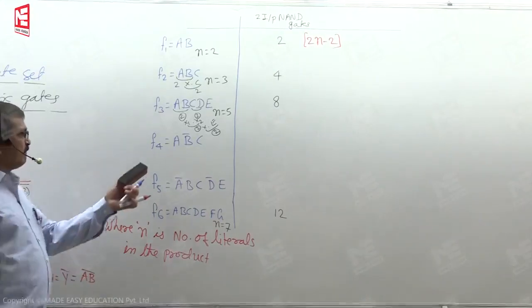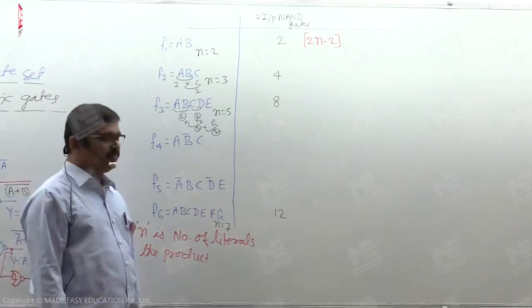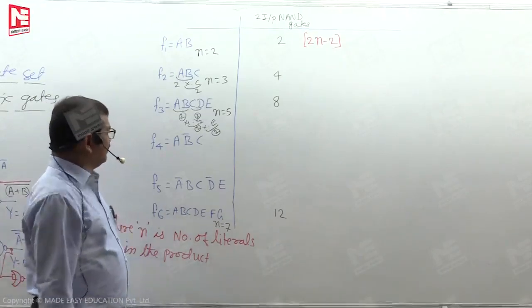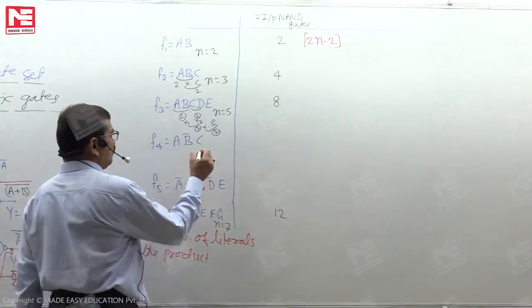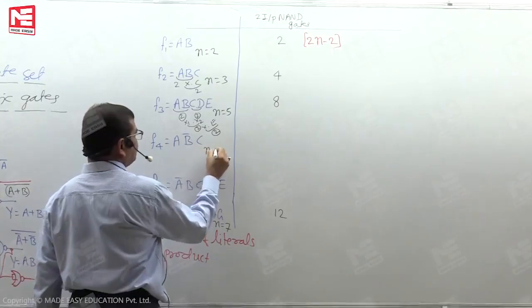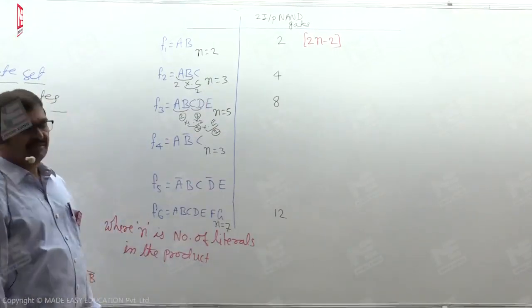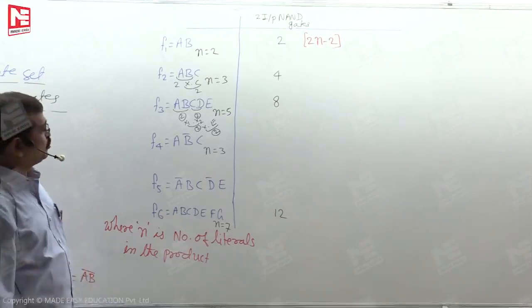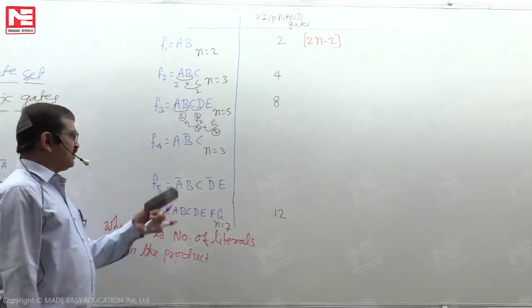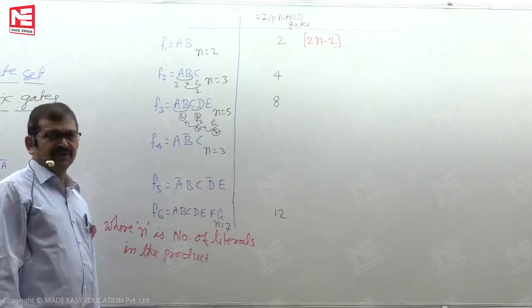Similarly, let us come to this F4. In the case of this F4, the number of literals is 3. Using this formula, 2 into 3 is 6, 6 minus 2 is 4. But here we have B complement.